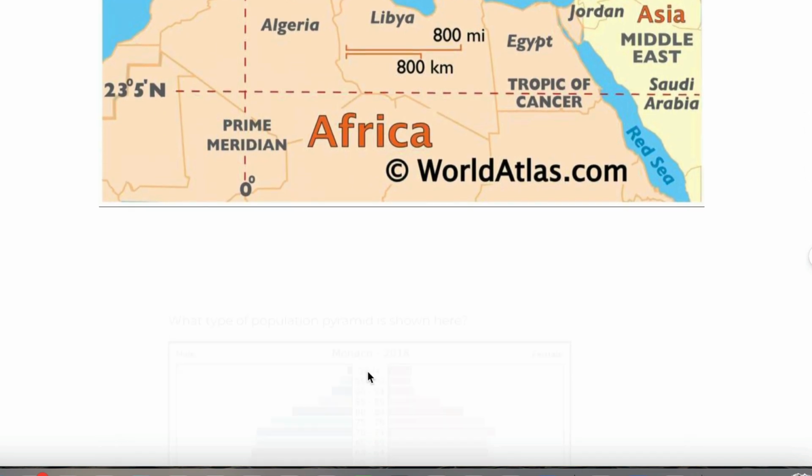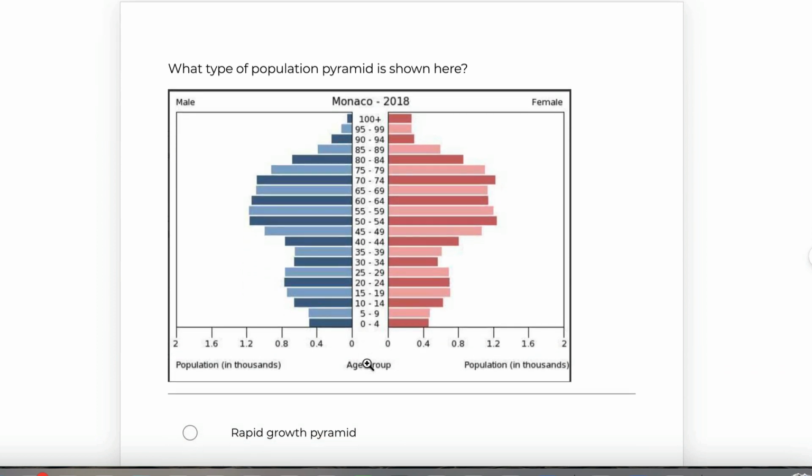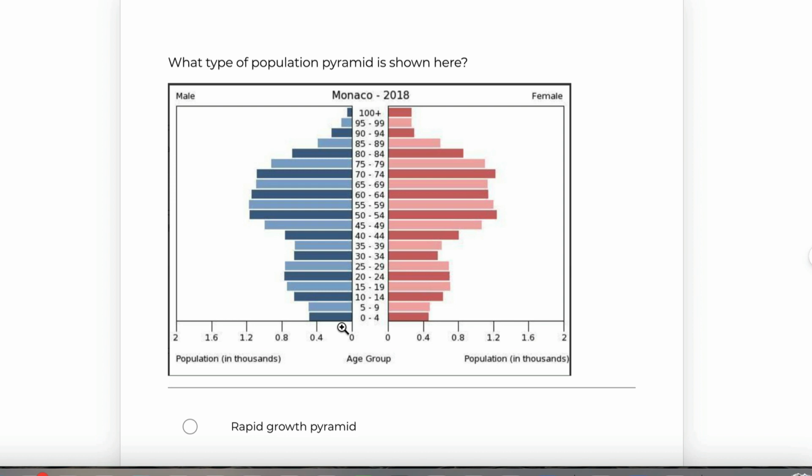Now, let's see if I have a stage 5 on here. Okay, so this is kind of getting into where, look at all these people that are above the dependency ratio up here on both sides. And you have quite a bit of older workers, but these people are nearing retirement. And this chunk of young workers is very low.